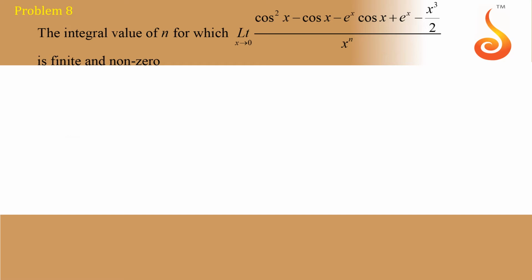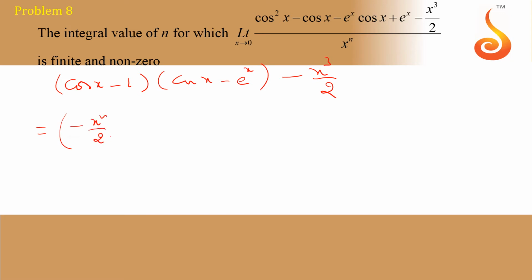So generally for this type of problems, we use infinite series. If you observe the numerator, can I write the numerator as (cos x minus 1) into (cos x minus e power x)? See, cos square x minus cos x minus e power x cos x plus e power x, minus x cube by 2. Now if I write the cos x expansion, and cancel 1, it will be minus x square by 2 factorial plus x power 4 by 4 factorial minus x power 6 by 6 factorial plus so on.